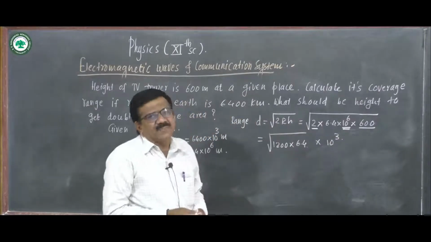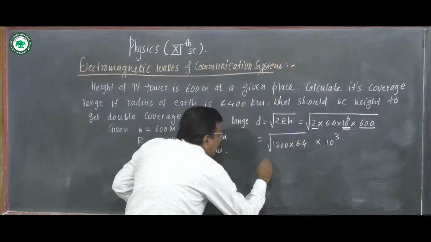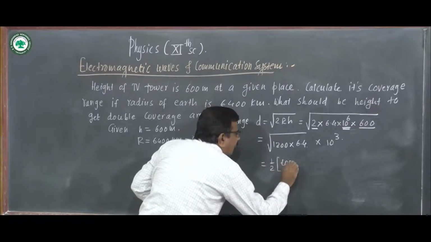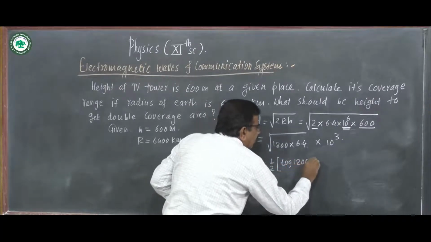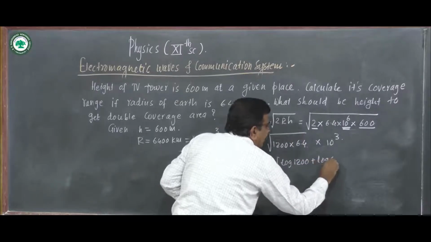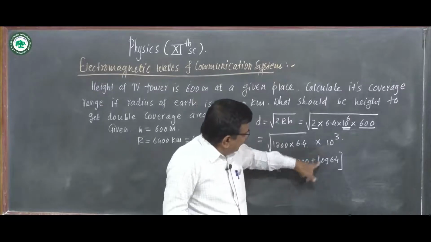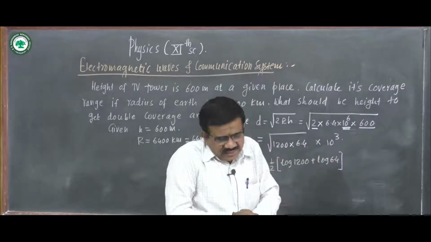Simply we have to solve this part. As this is square root, so 1/2 of log of 1200 plus log of 6.4. And by solving this answer, we will multiply it by 10 raised to 3.